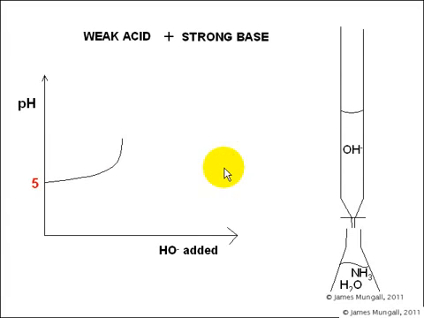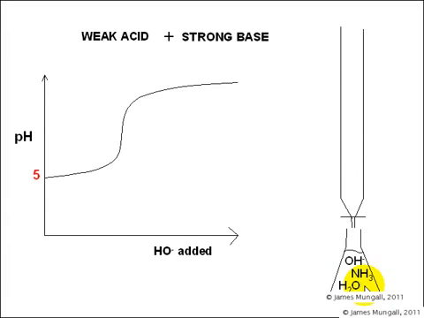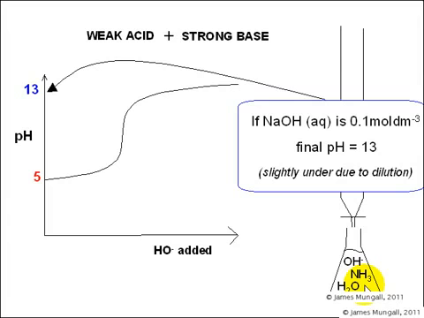At some point, the weak acid will have been neutralized, and then as more sodium hydroxide is added, the solution will become more basic again, with a final pH of about 13 if it's 0.1 mole per decimeter cubed sodium hydroxide, slightly under due to dilution from the water formed during the reaction.